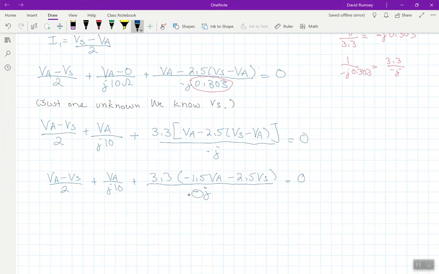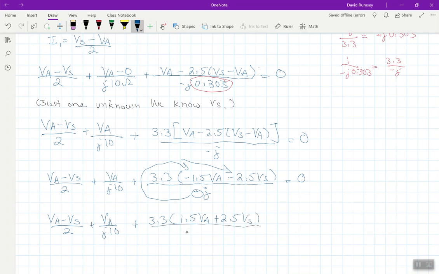I could bring this negative and distribute it into both of these terms. So I'd have Va minus Vs over 2 plus Va over j10 plus 3.3 times (1.5 Va plus 2.5 Vs) over j equals 0.